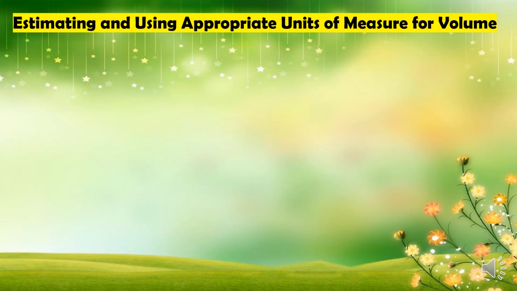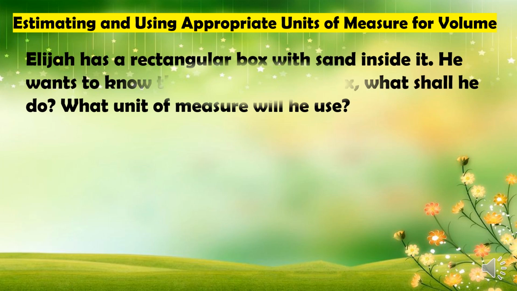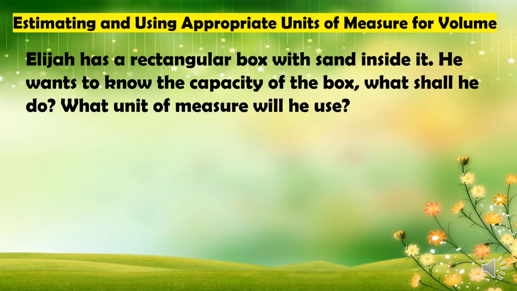Let us now discuss estimating and using appropriate units of measure for volume. Let us take this as an example. Elijah has a rectangular box with sand inside it. He wants to know the capacity of the box. What shall he do? What unit of measure will he use?